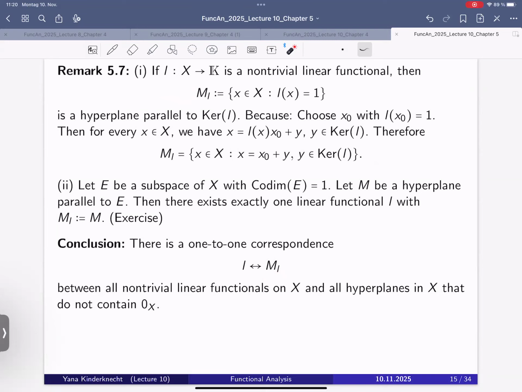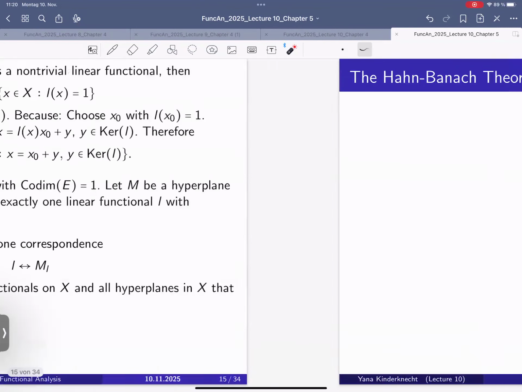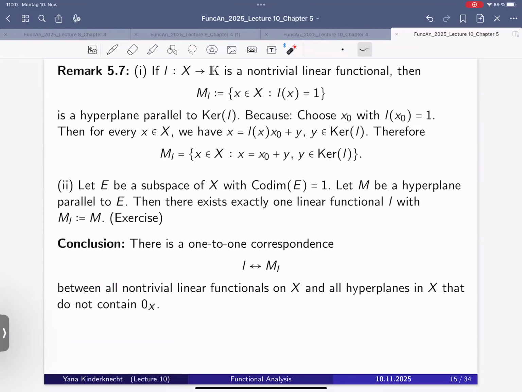Okay. So are there any questions or comments? Okay, let us go further. And yes? If our hyperplane contains 0, then our L must be trivial? No, because a hyperplane which contains 0 does not mean that we have the complete space.